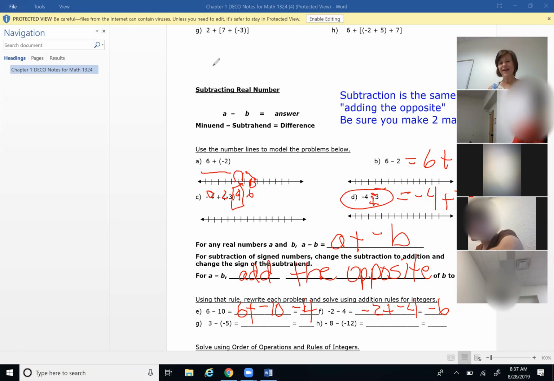Okay, let's look at H. You've got -8 minus -12. That's a lot of minus signs there. This is where adding the opposite, I think, is probably the most helpful, because notice I have a subtraction sign after -8, and then I have a negative sign. Here's your 2 marks, plus a positive. Okay, I made 2 marks, and now it's a -8 plus a +12.